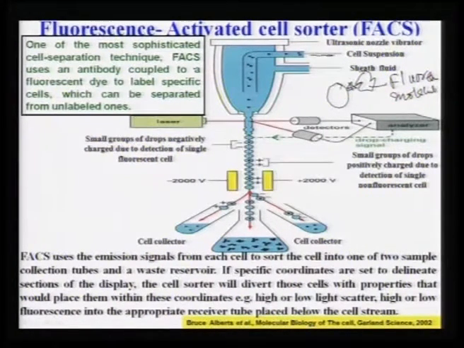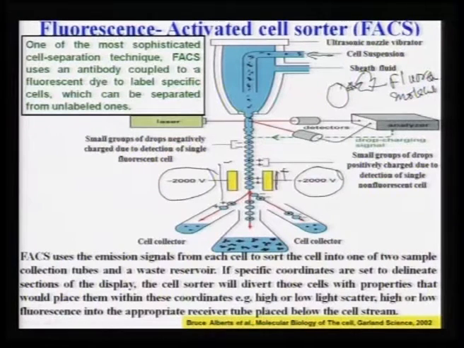Now, the tagged fluorescence molecules come with a cell stream. At a certain point they will experience a certain electric field, and typically this electric field is 2 kilovolt. So, there is a voltage difference, one side is positive, one side is negative. So, this is the 2 kilovolt voltage difference.